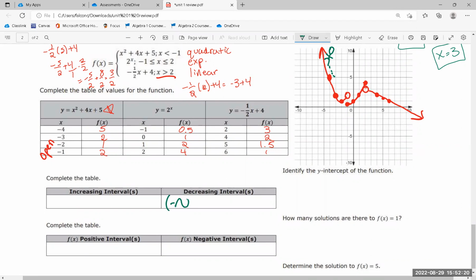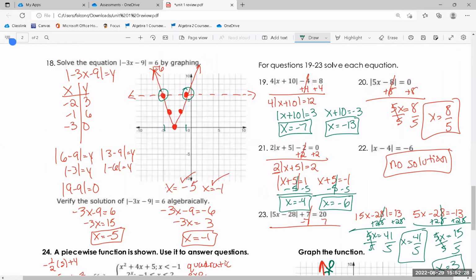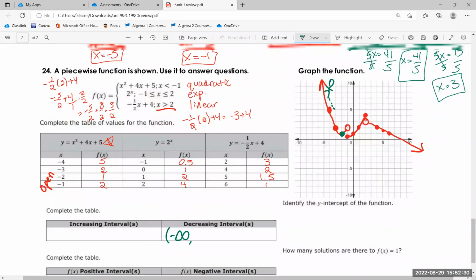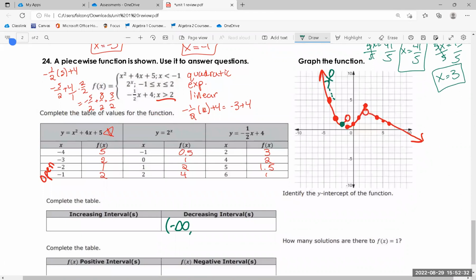So from negative infinity, we're decreasing up until the vertex of my parabola. Then I start going up. Whoa, I don't know what just happened. There we go. Then I start going up. So up until that vertex, which has an x value of negative 2, I'm decreasing. Then I'm going up the rest of the parabola, and my exponential function's also going up right there.